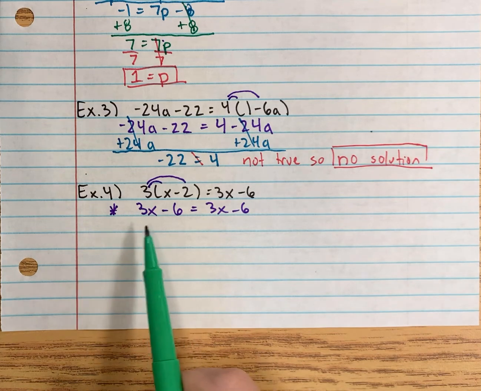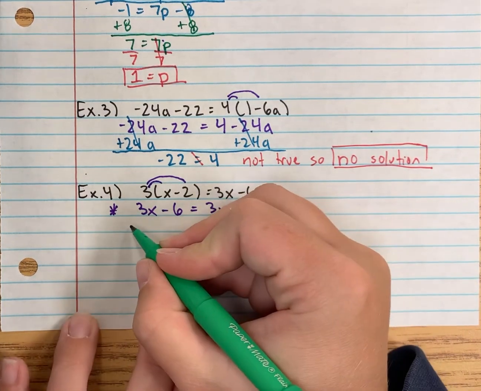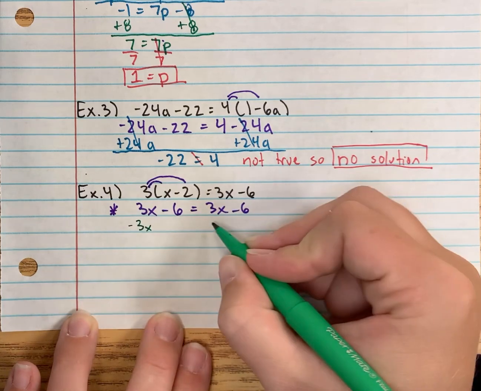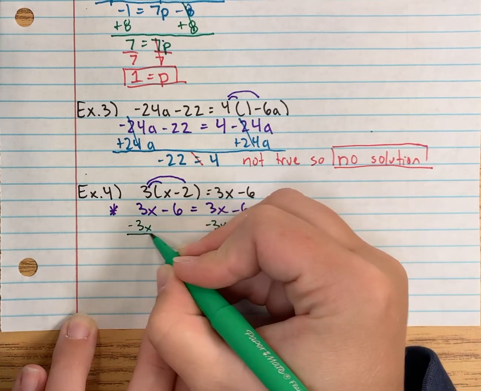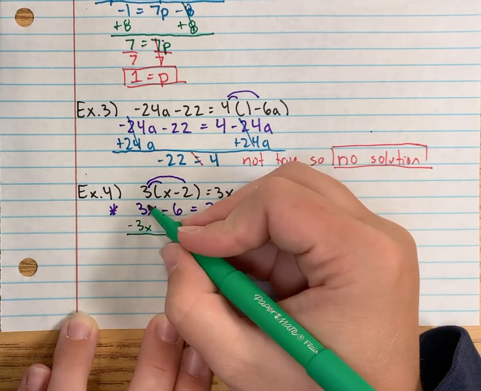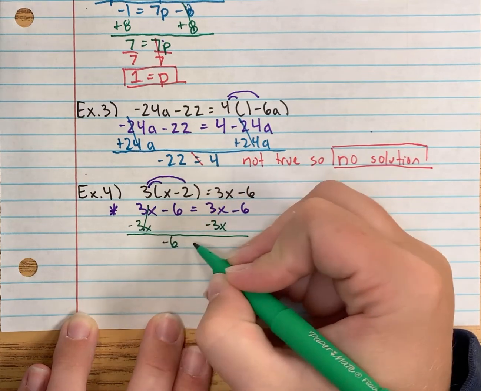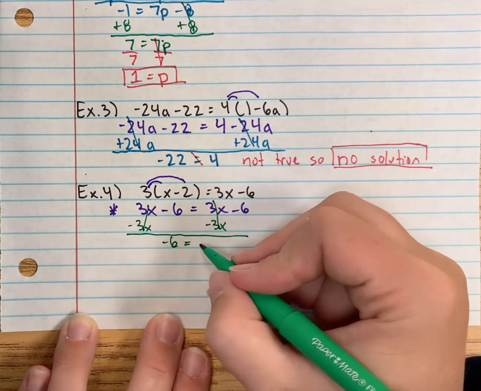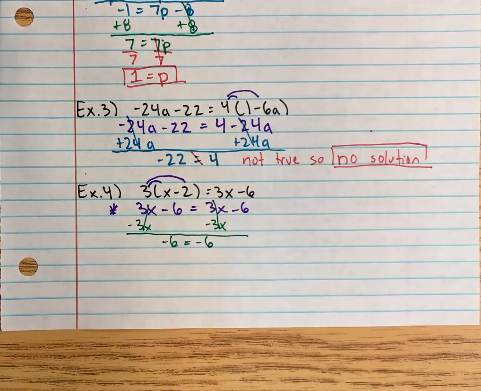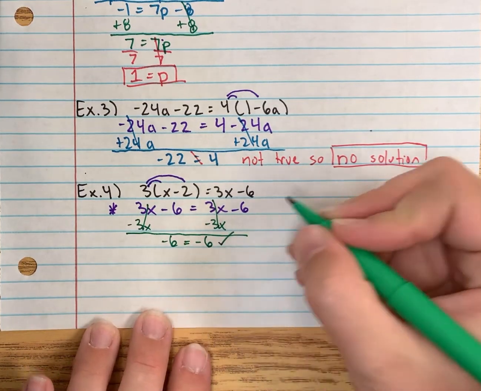So if we start by getting like terms on the same side, we're going to take a minus 3x, minus 3x. When you do that, these cancel, so you get a -6 equals, these cancel, -6. Well, guess what? -6 does equal -6.